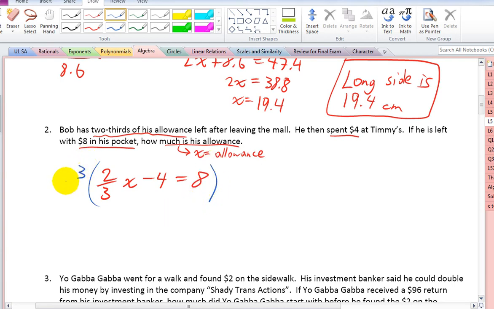Okay, let's get rid of our fraction, which we multiply everything by 3. Go ahead and do that. And you should get 2x minus 12 equals 24. Oh, I love it when fractions disappear. Okay, go ahead, solve for x.